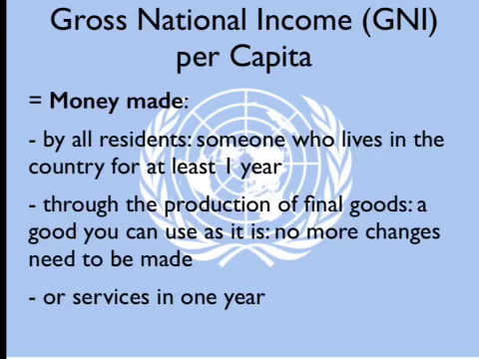Also, the money made through the production of final goods, so a good that you can use as it is, you don't need to change it anymore, or services, so final goods or services in 1 year.